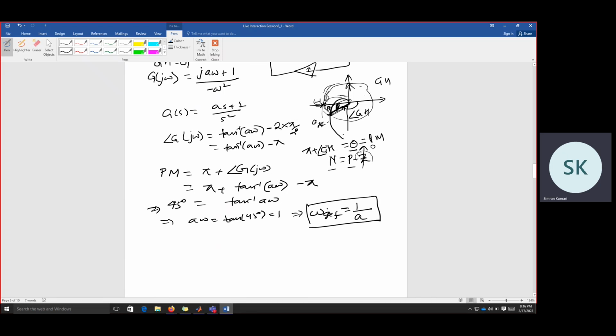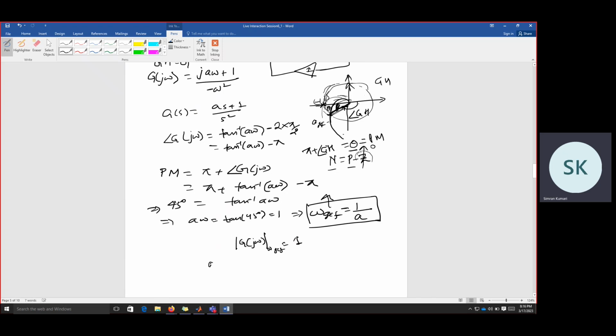Now this is the gain crossover frequency at this point. What is the magnitude of G of j omega? Because this is crossing the unit circle, the magnitude at this point on the Nyquist plot of this system will be 1. Okay, so let us see the magnitude of this one.